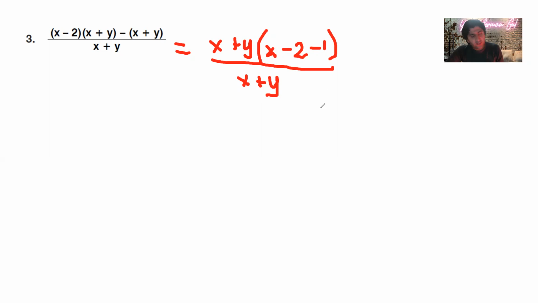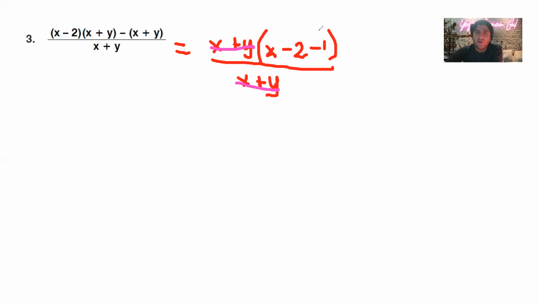What we're going to do then is this. Once I write that, I'm going to start canceling out. I'll see what I can cancel out. Since this is a multiplication, this x plus y and x plus y will cancel each other. Then here, what do I have? x minus 2 minus 1.